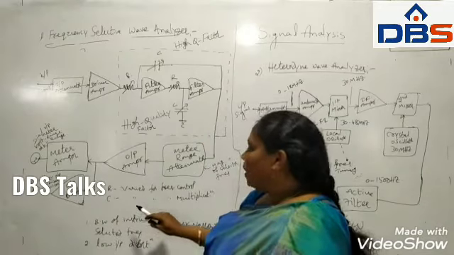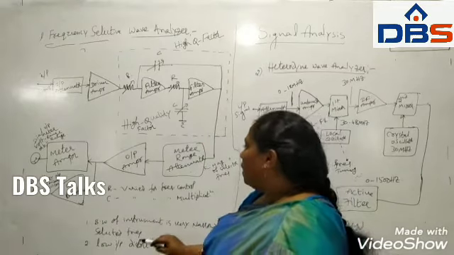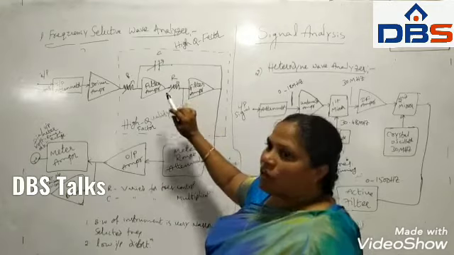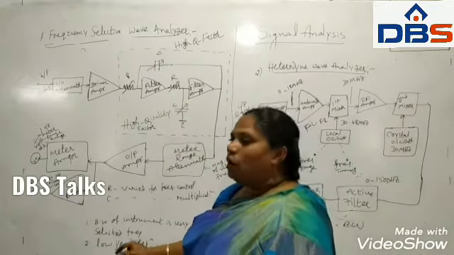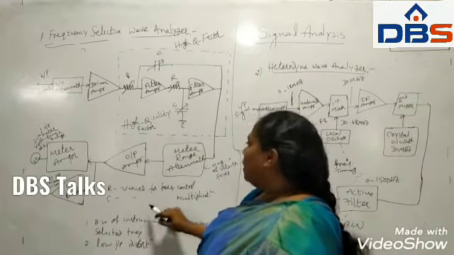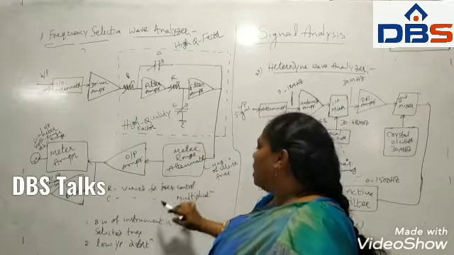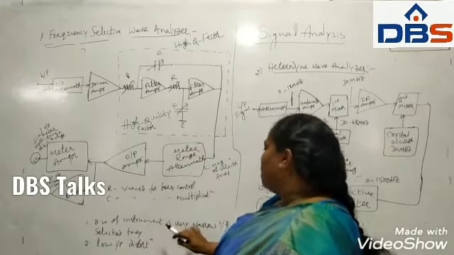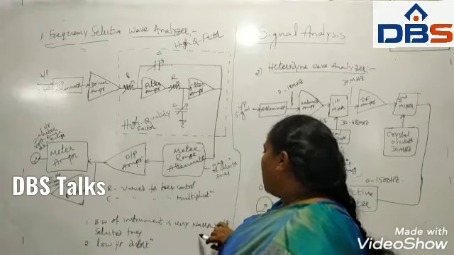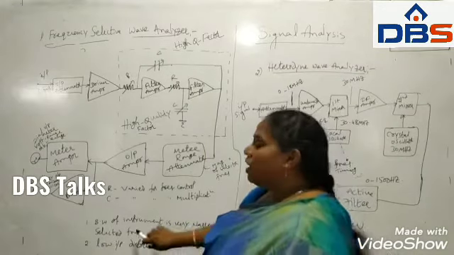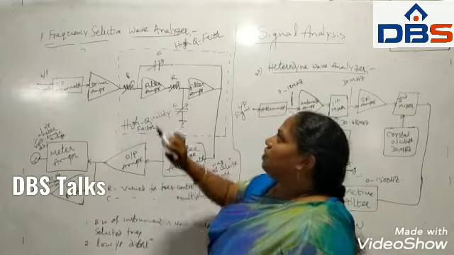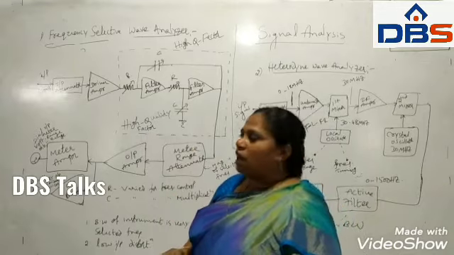Here we can remember one thing: this frequency selective wave analyzer is used for low input distortion, and the bandwidth of the instrument is very narrow, that is 1% of the selected frequency. This is the frequency selective wave analyzer.